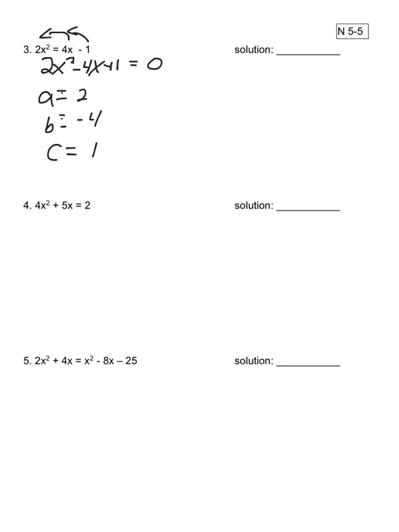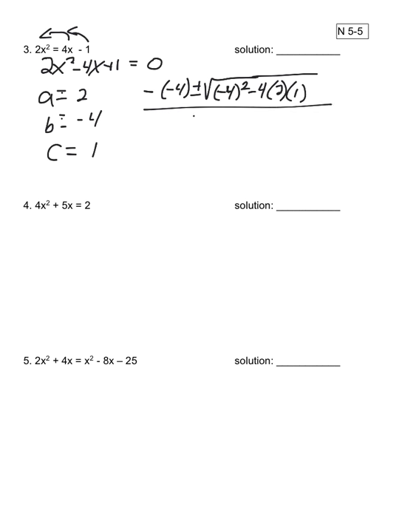Too easy. Okay, so I've got negative B, which is a negative 4, plus minus square root. B is negative 4 squared minus 4 times A, which is 2, times C, which is 1, all over 2 times A, which is 2. Take it, plug it in.